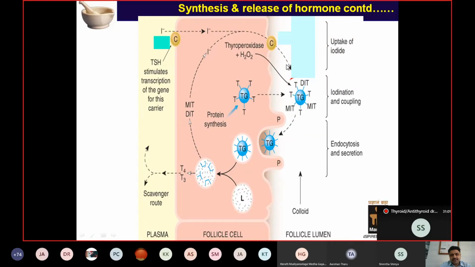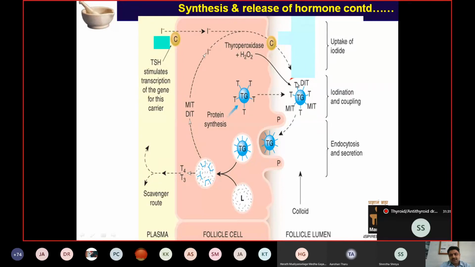In the lumen, there will be oxidation. This is thyroglobulin. I have said thyroglobulin is a big molecule which has tyrosine residues, isn't it? So the iodine which is taken is oxidized, and then that oxidized iodine will iodinate this residue.